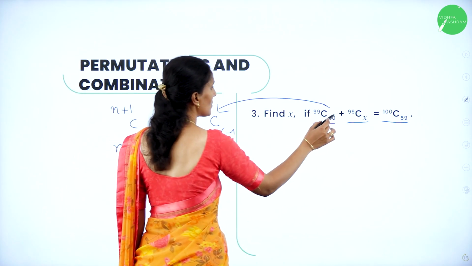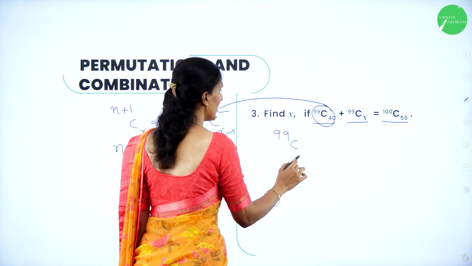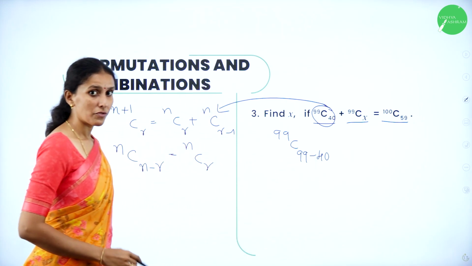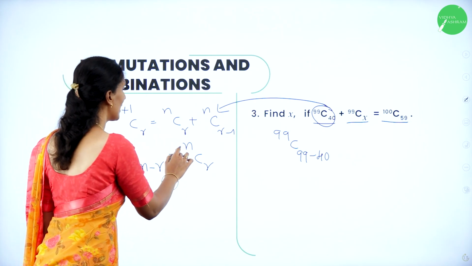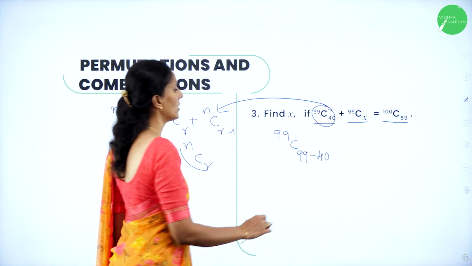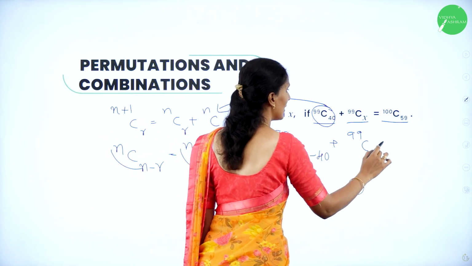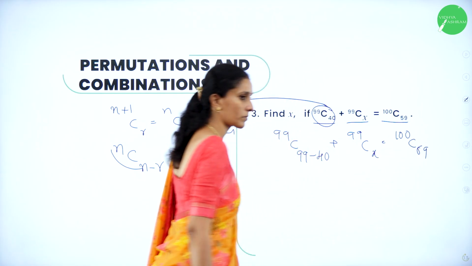So this one I'll change to 99C(99 minus 40), because we have learned the property that NC(N minus R) is the same as NCR. So plus 99CX is equal to 100C59.